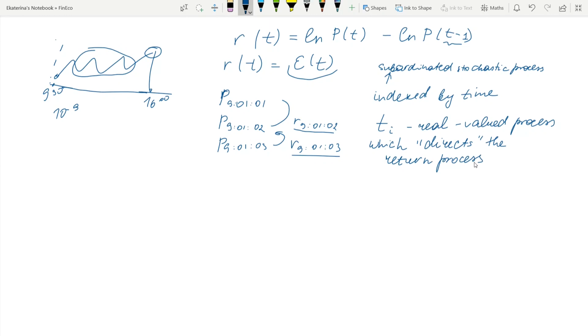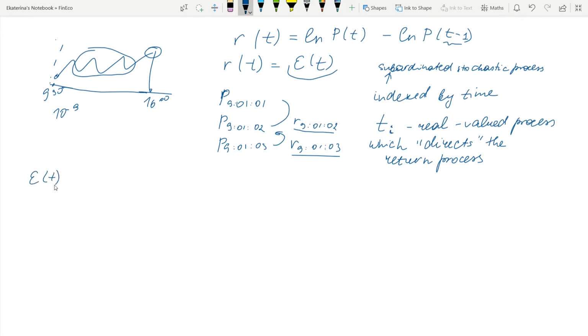So we would say that our time can be evaluated at any continuous point I, so at any nanosecond, and that would be a real valued process which kind of directs our stochastic process epsilon t.